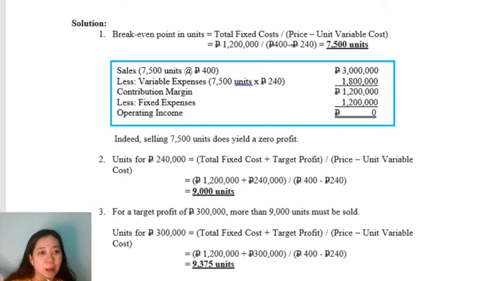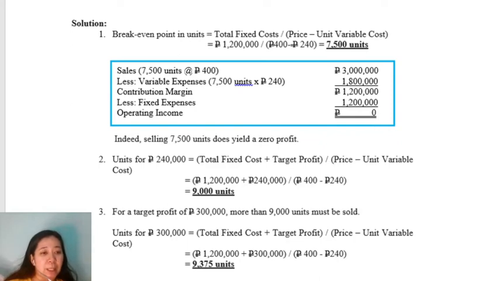All you have to do is use the data provided. So for the company to break even, they have to sell 7,500 units.